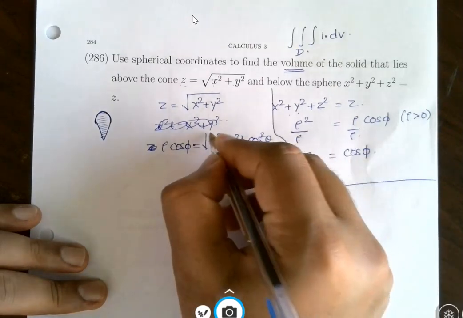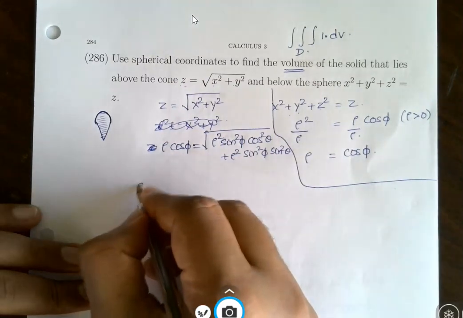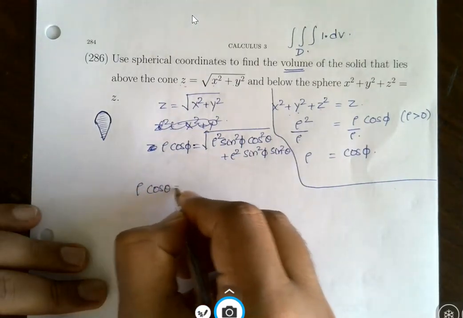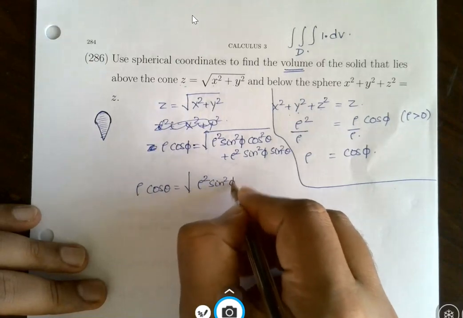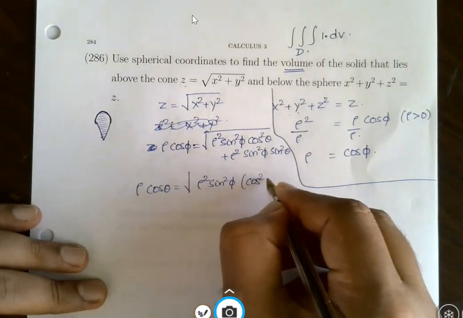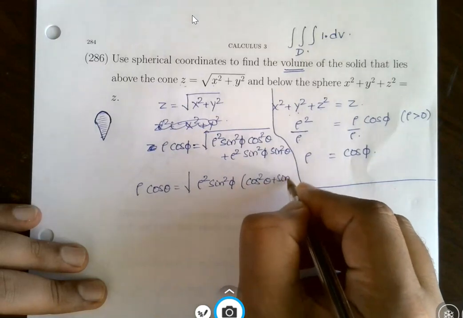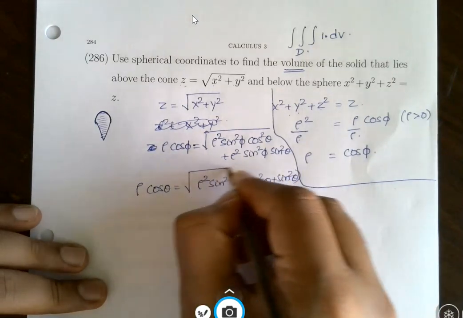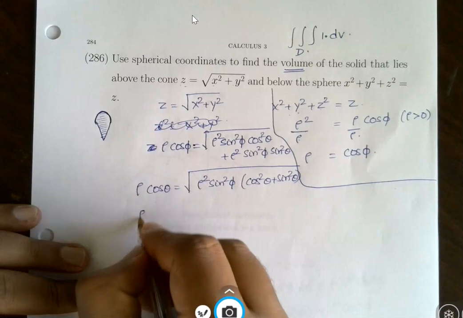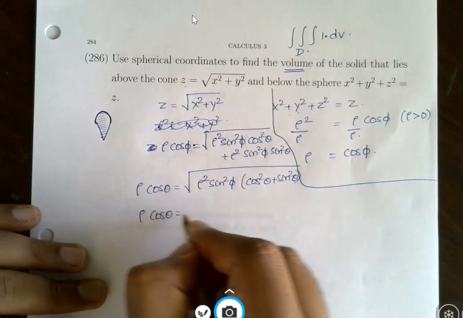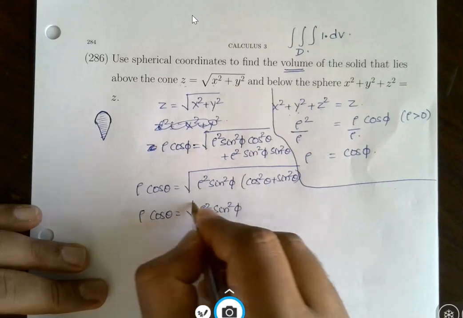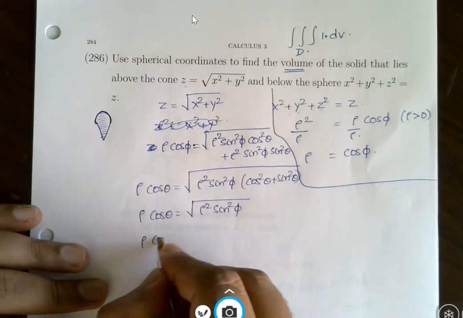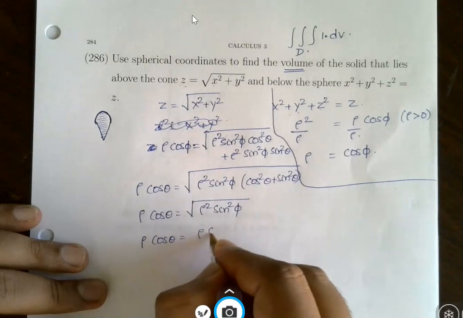You can factor out rho squared sine squared phi, leaving cosine squared theta plus sine squared theta, which is 1. So that's going to be rho squared sine squared phi, so rho cosine phi equals rho sine phi.